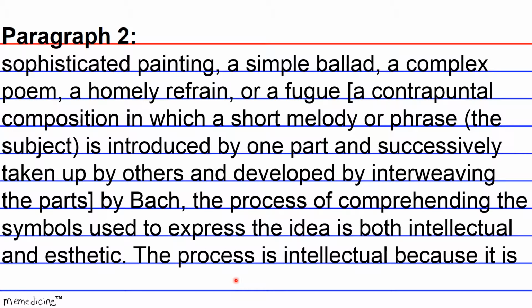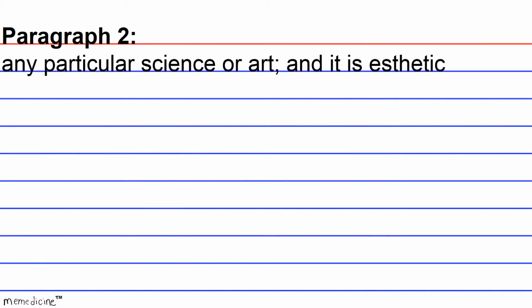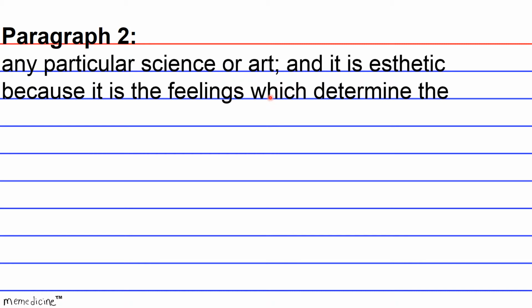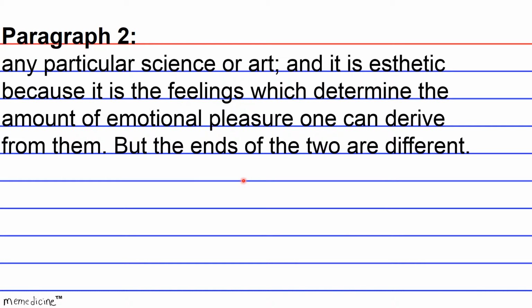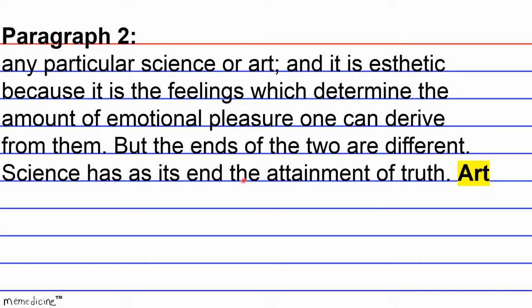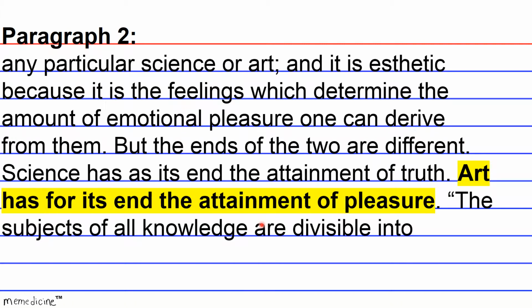The process is intellectual because it is the intellect which comprehends the laws governing any particular science or art, and it is aesthetic because it is the feelings which determine the amount of emotional pleasure one can derive from them. But the ends of the two are different. Science has at its end the attainment of truth. Art has for its end the attainment of pleasure.